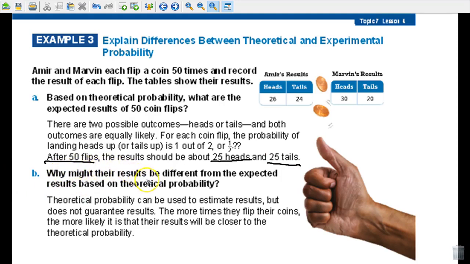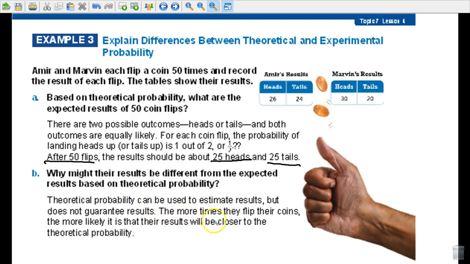Why might their results be different from the expected results based on theoretical probability? Hmm. Well, theoretical probability can be used to estimate results, but does not guarantee results. They are not guaranteed. It is just an estimate on what should happen. Anything is possible, class. Anything can happen.